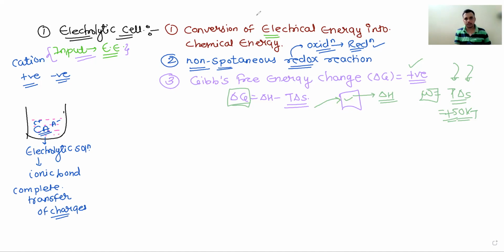Complete transfer will be there, and now to conduct the electricity, it is non-spontaneous and we are using an input of electrical energy. So here we are going to place electrodes that are made up of metal basically.